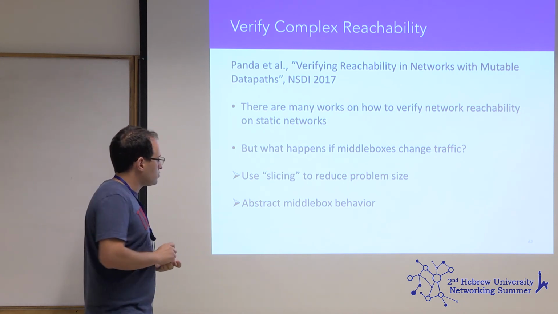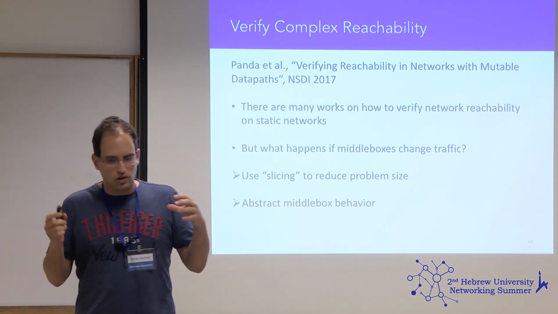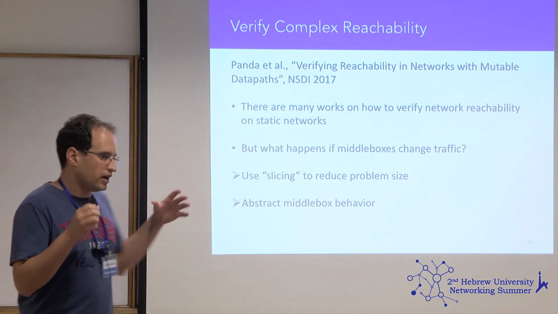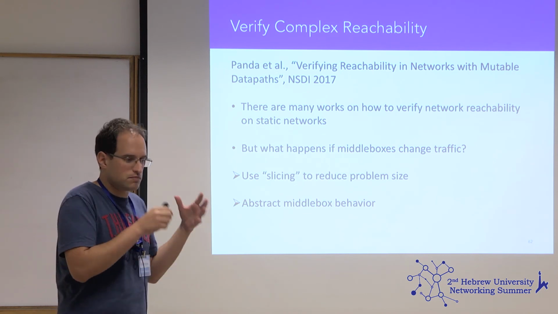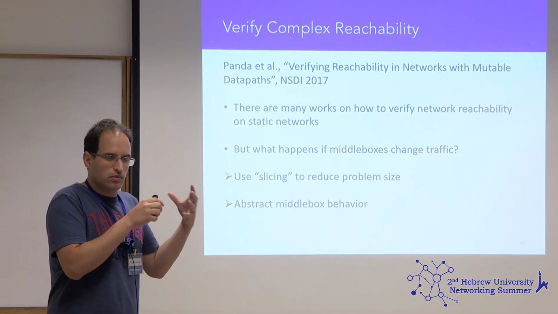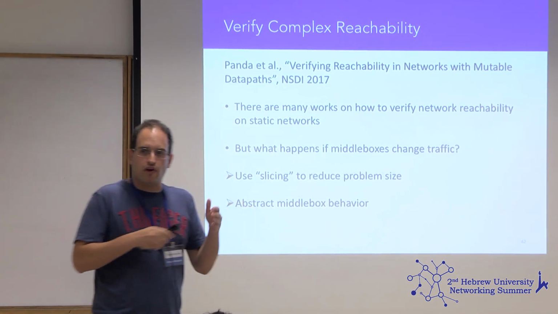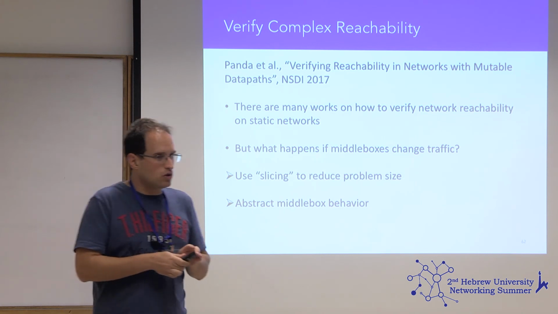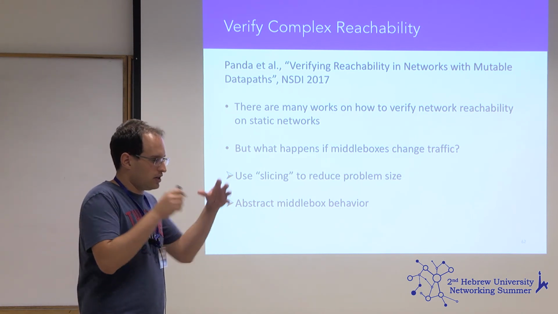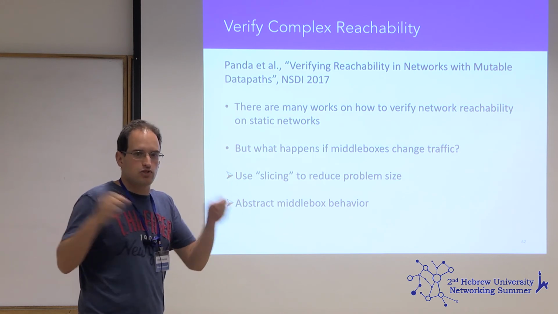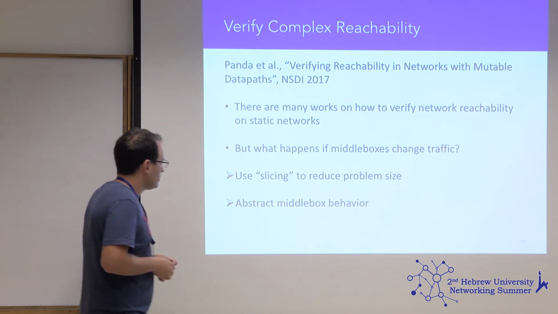So they use a notion of slicing to reduce the problem size, and they slice the network to only the switches and entities that correspond to a specific policy. Instead of checking the entire network against the entire set of policies, they check each slice for each policy, and they verify it this way.